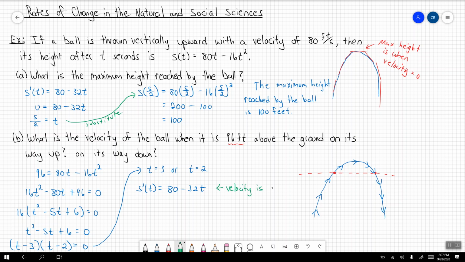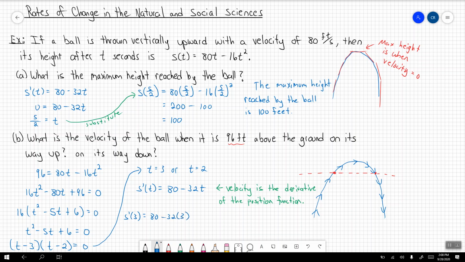The velocity is the derivative of the position function. Perfect. So let's start subbing them in. So s prime at 3, in this case we're going to get 80 minus 32 times 3.